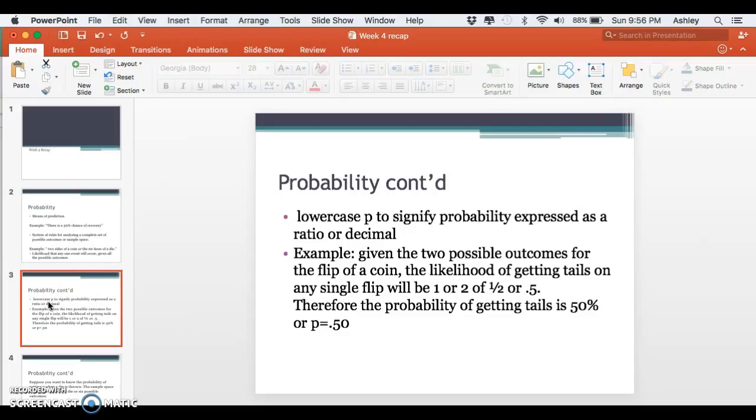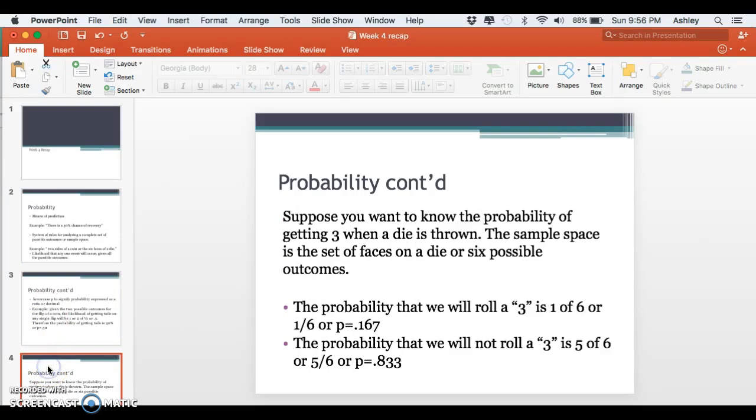Now, suppose you want to know the probability of getting a 3 when a die is thrown. The sample space is the set of 6 faces of the die, or 6 possible outcomes. So the probability that you will roll a 3 is 1 out of 6, or 1 divided by 6, or p equals 0.167, because there's only one 3 on a die, so you can only roll it once.